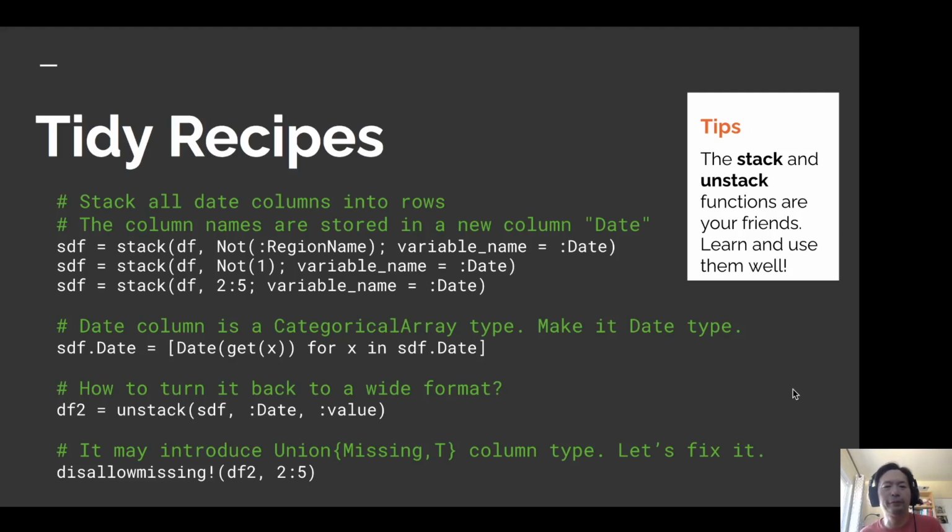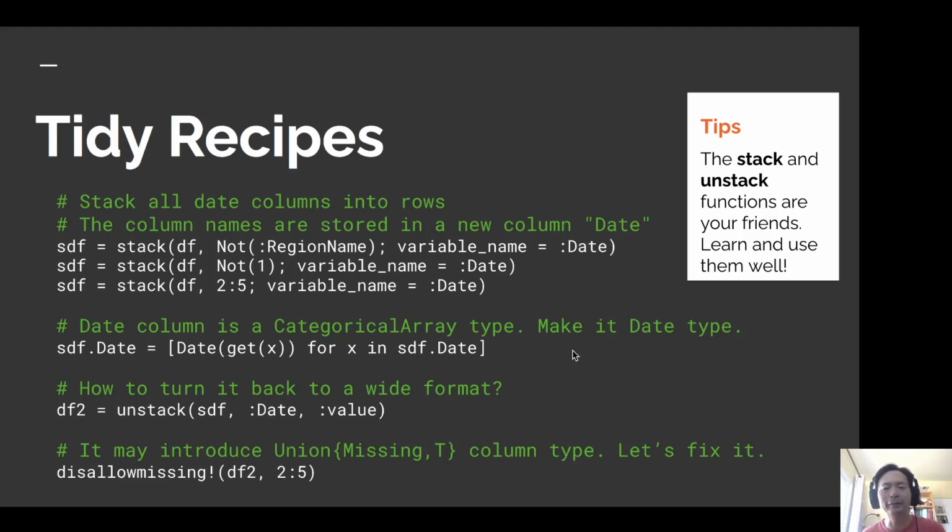Anyways, coming back to the recipe here for tidying, you will see that you can also have different types of coding style. These 3 stack functions do exactly the same thing, right? So depending on how you think about and how you see the stack functions, whichever fits your style would be fine.